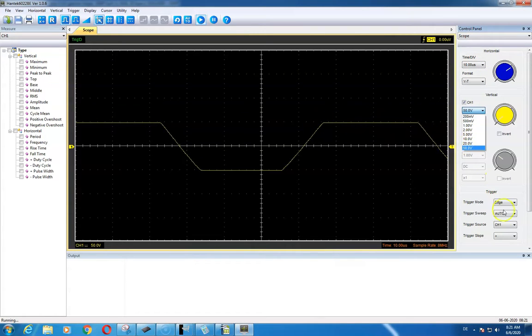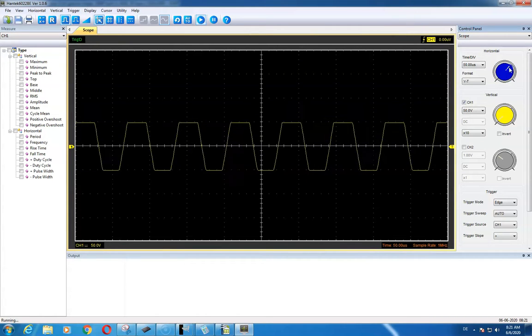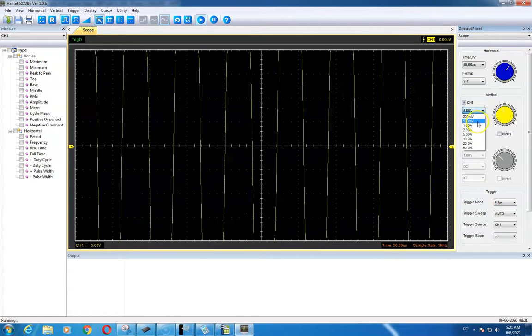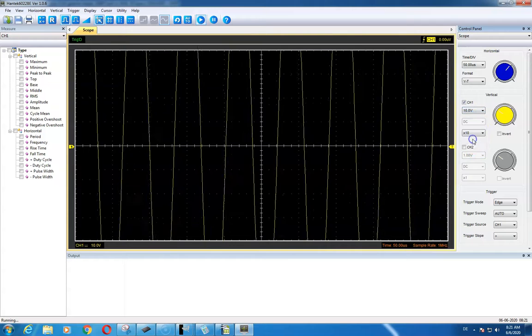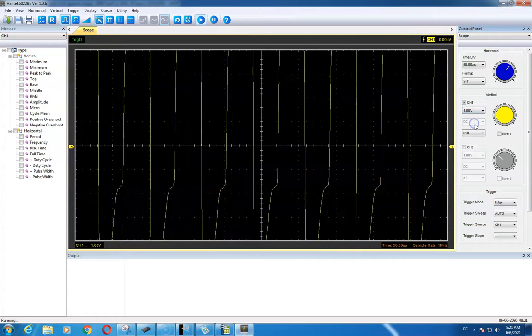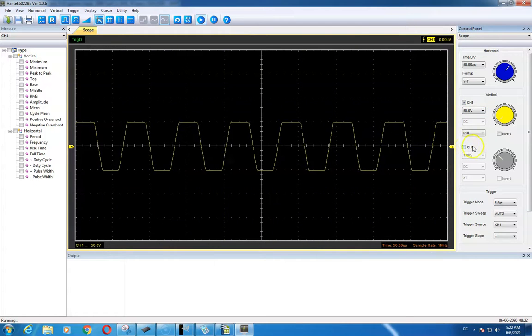You can see trigger source channel 1, trigger sweep auto. I can essentially change the frequency here, the time base here, but then the problem is that this is 50 volt, 10 volt, 5 volt, 1 volt, 200 millivolt, and 50 volt.